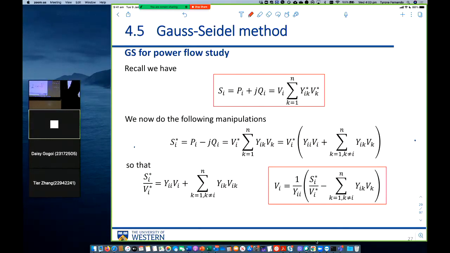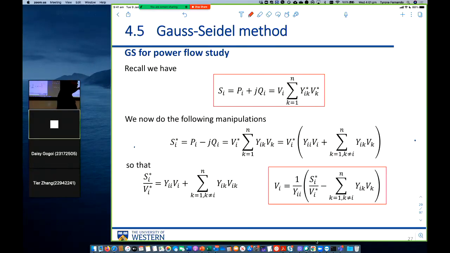So we have this equation now. SI conjugate is equal to PI minus JQI, which is equal to VI star multiplied by the summation, YIIVI plus the rest of the terms, right? So now we can write an expression for VI by rearranging terms, because you have VI multiplied by VI conjugate.